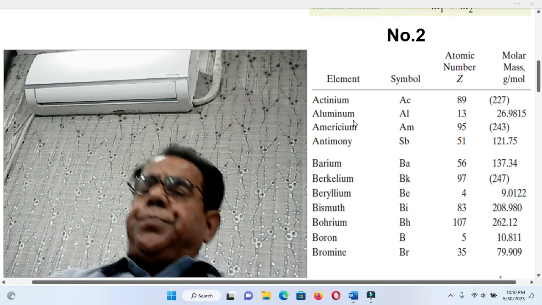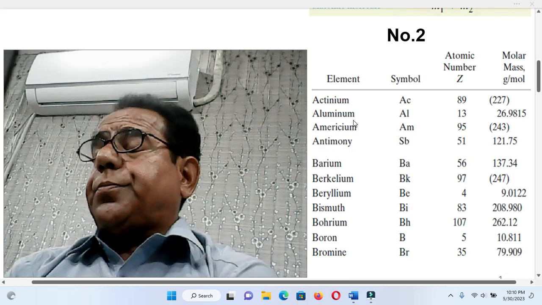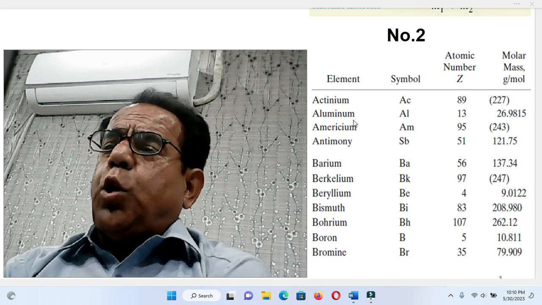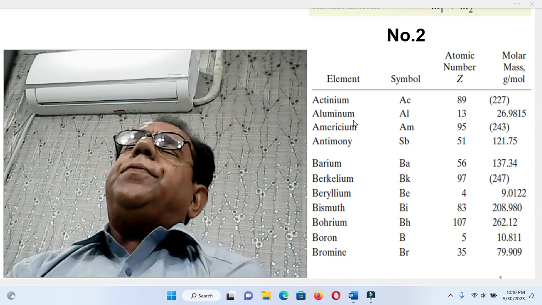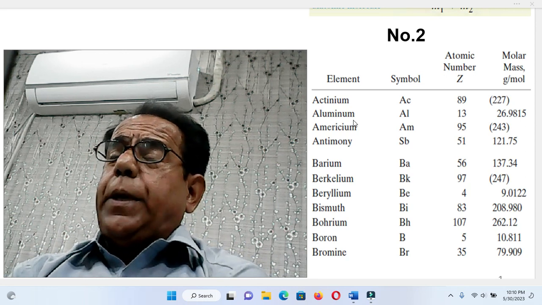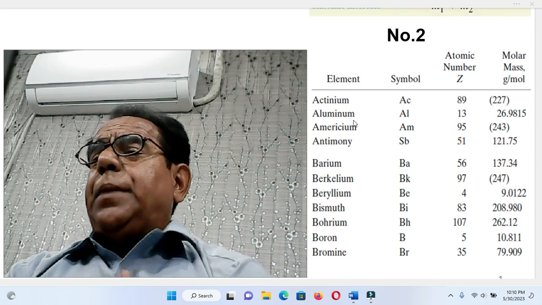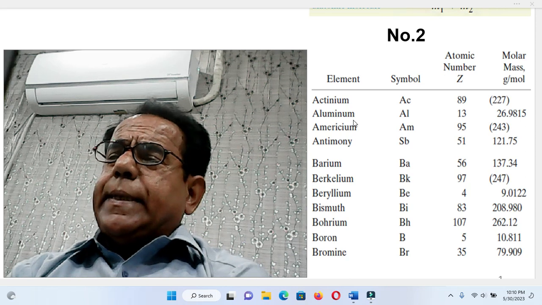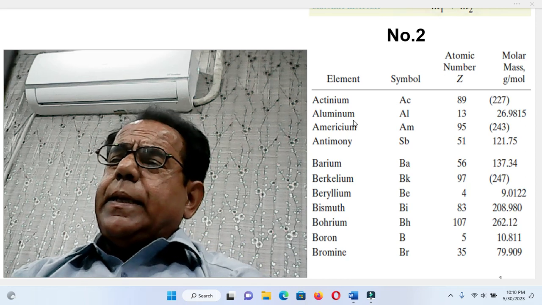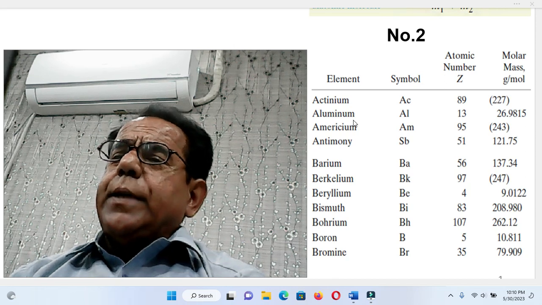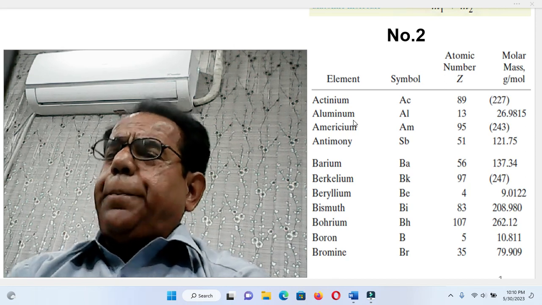Dear students, in this table a few snapshots have been selected from one book or perhaps more books. From this table we will not only take a value, but a sense of confidence will also develop regarding the solution of such problems.